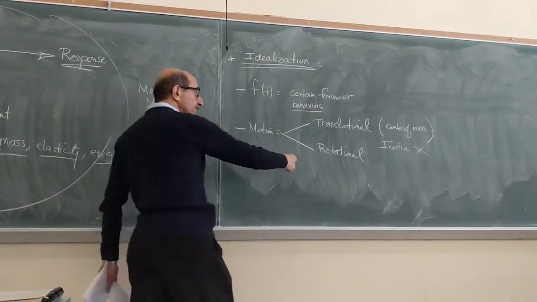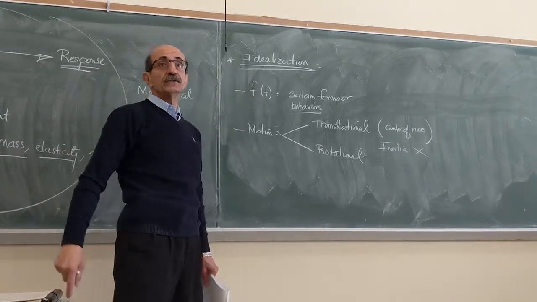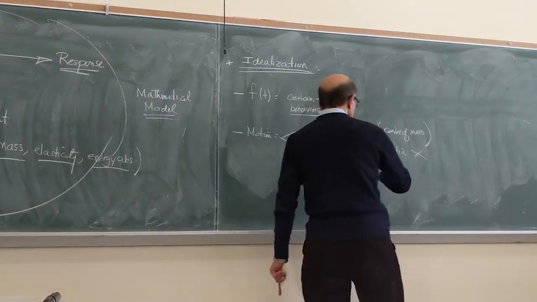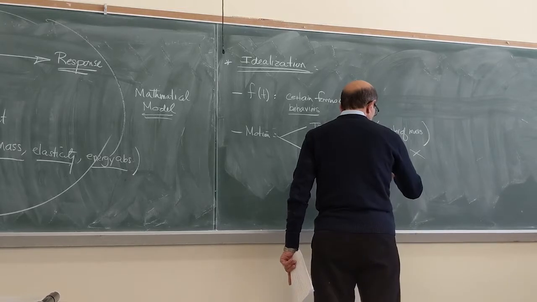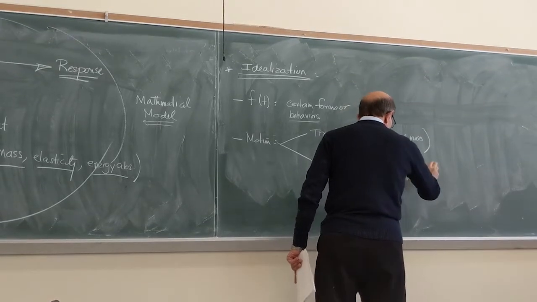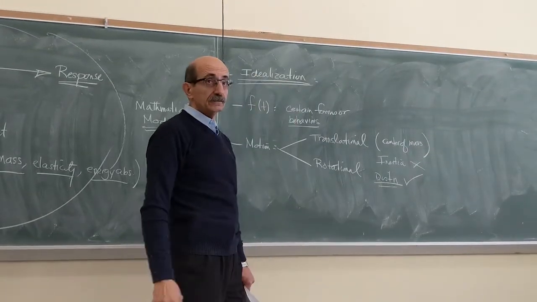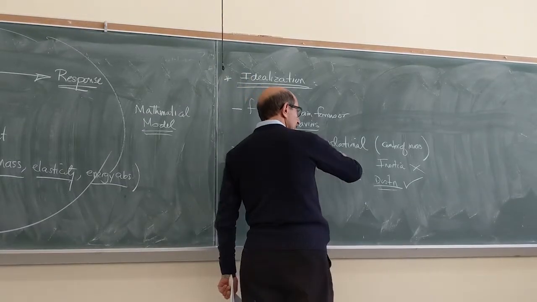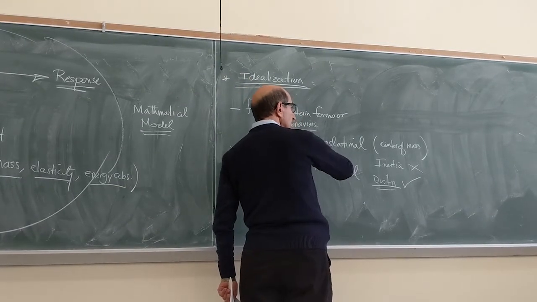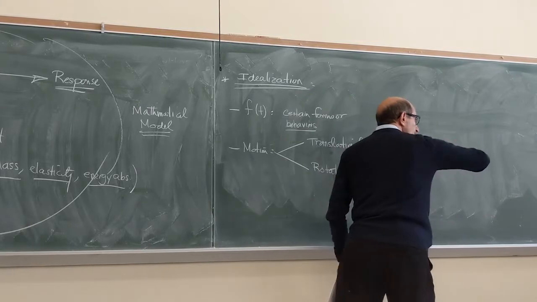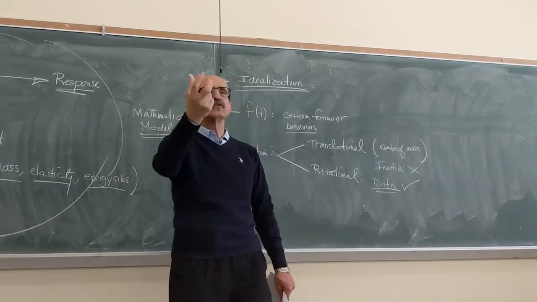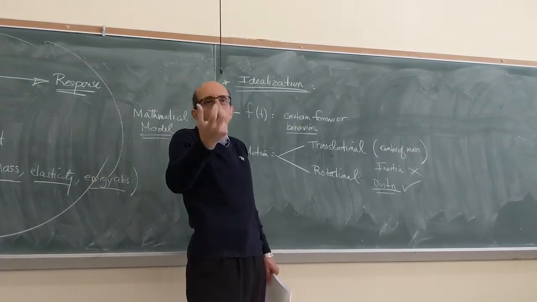In rotational motion, in fact, it is the mass distribution which is important. So in translational motion, we're just dealing with the mass, or the center of the mass, or how the mass is lumped at one point.